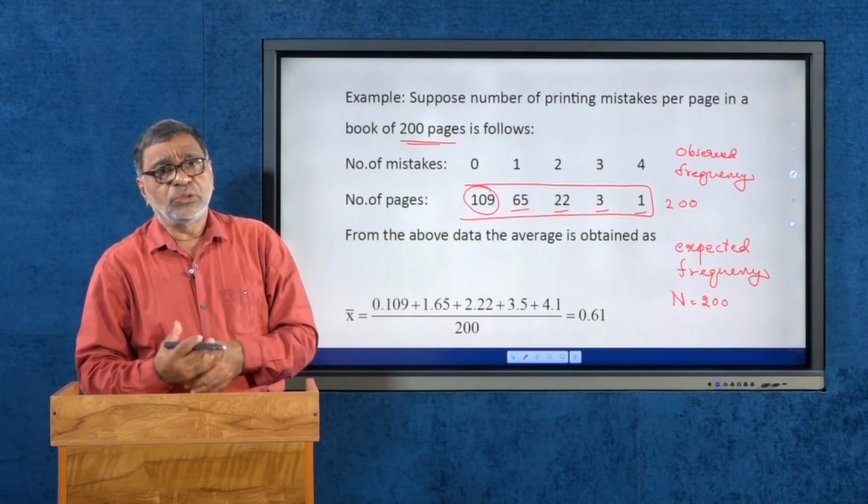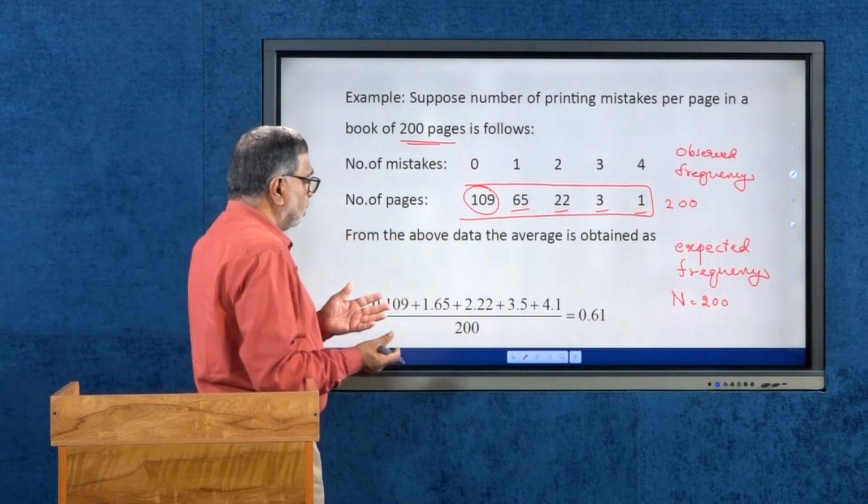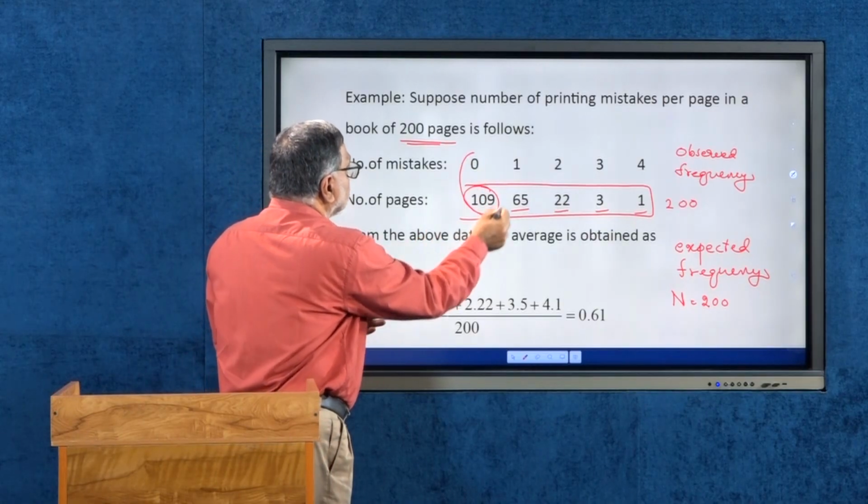As usual, this is a frequency distribution, so you find the average by multiplying x into f.